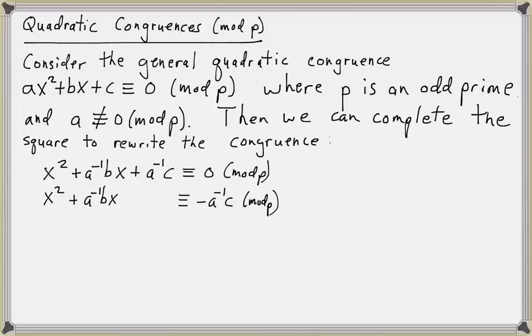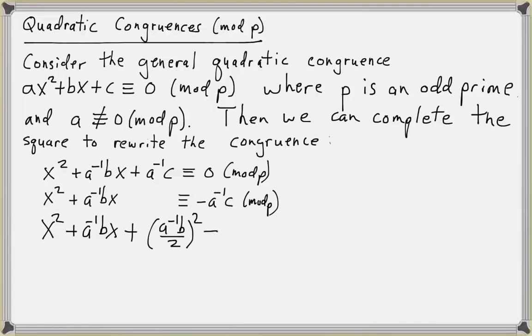So typically you would take the coefficient of x and divide it by 2 and square it. That'll work as long as a inverse b is even. So if a inverse b is not even, we can just add p to it because p is odd. And so we can always have a residue of the middle coefficient that's even. So I'm going to add the quantity a inverse b divided by 2 and then square it.